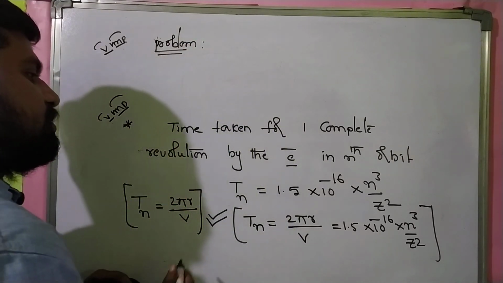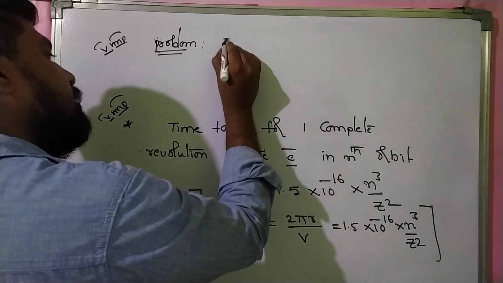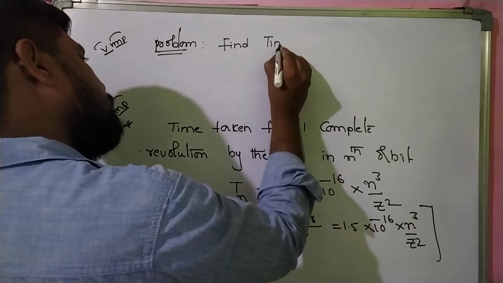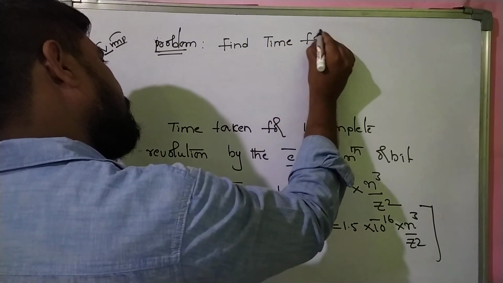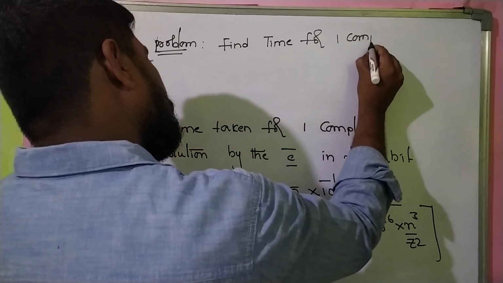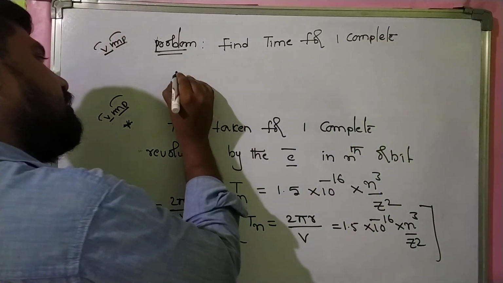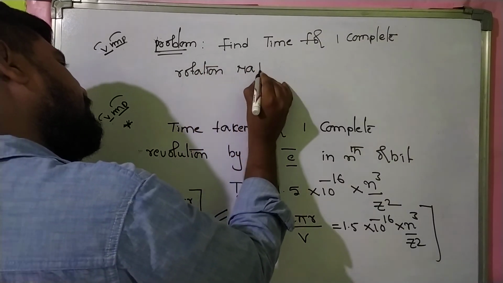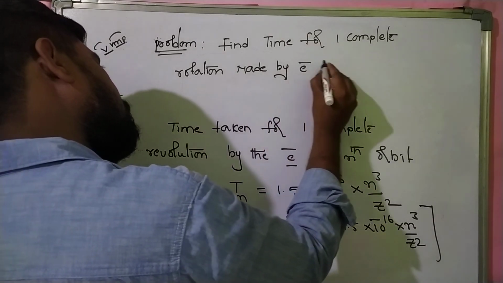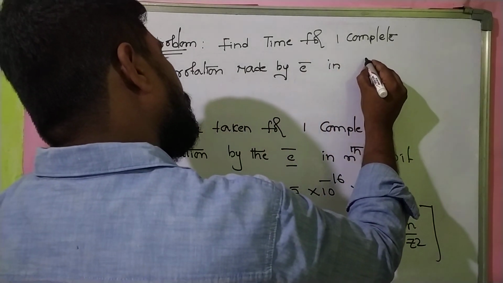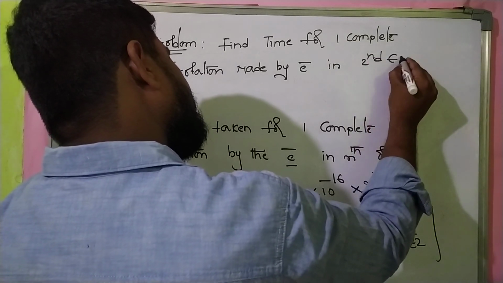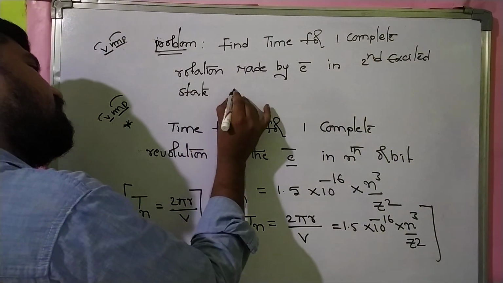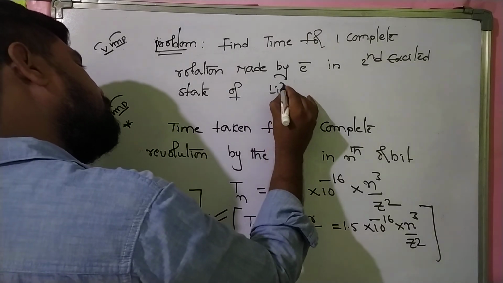Please note this and write the problem. Write the numerical: find the time for one complete rotation made by an electron in the second excited state of lithium 2 plus ion.